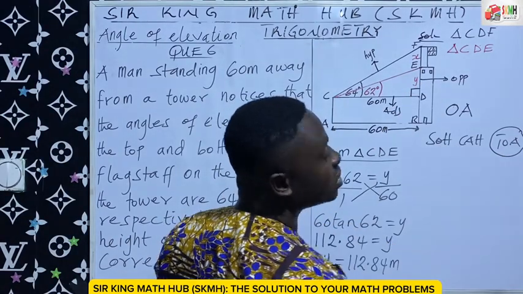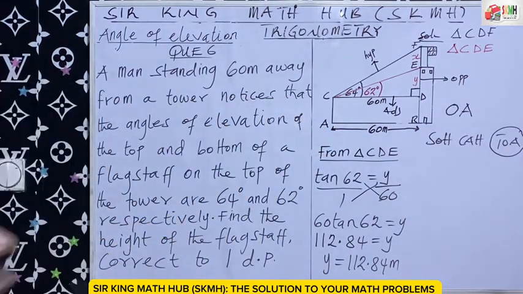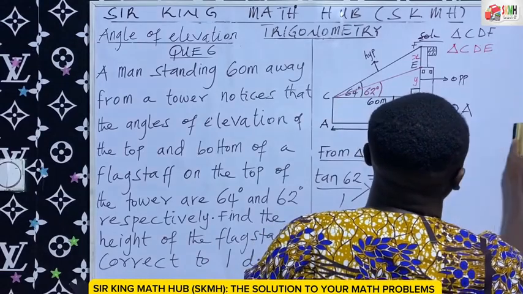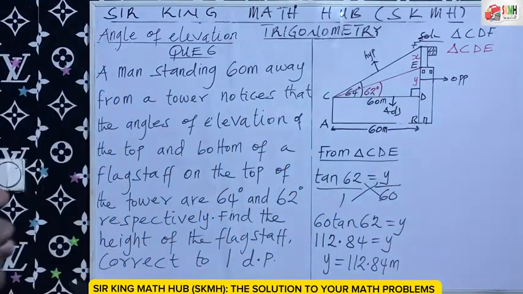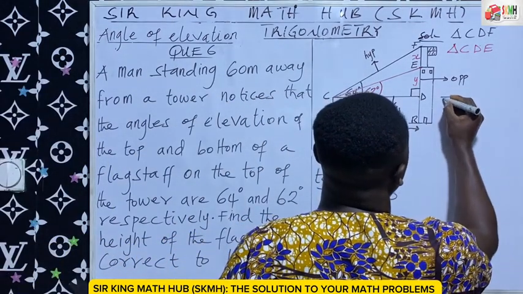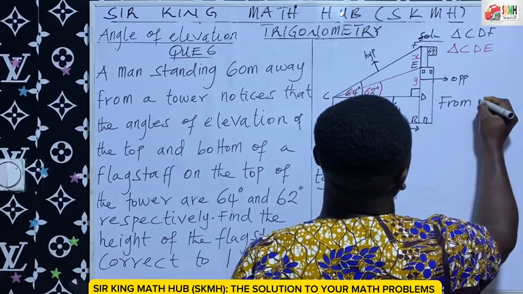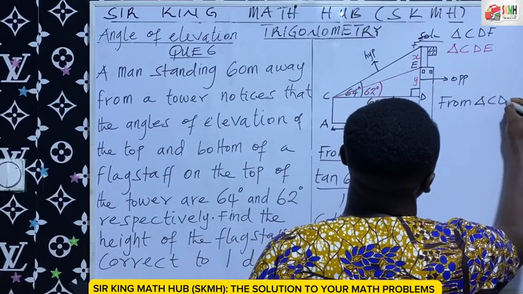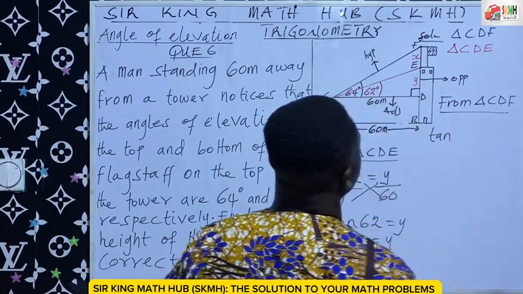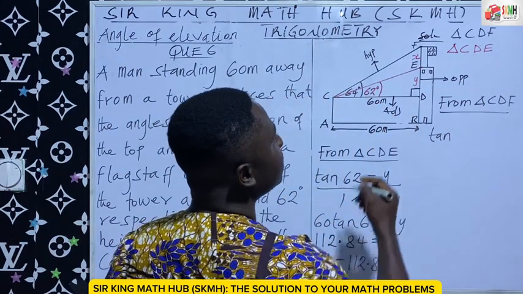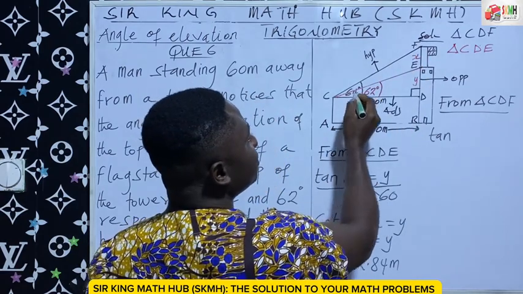So we must also use the tangent or TOA to do the calculation. So now from the bigger right angle triangle, which is triangle CDF, the tan of the acute angle. What is the acute angle in the bigger right angle triangle? That is 64 degrees.